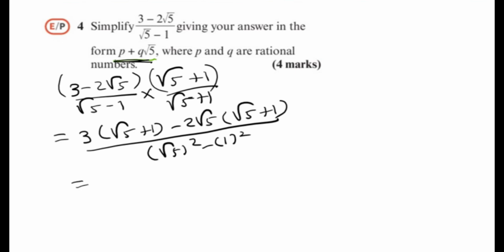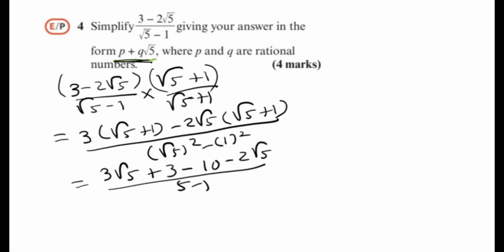So this is 3 root 5 plus 3, minus root 5 times root 5 will give 5 times 2, which is 10, and minus 2 root 5. Bottom, 5 minus 1. 3 root 5 minus 2 root 5 will give you root 5, plus 3 minus 10 will give you minus 7, and 5 minus 1 will give you 4.